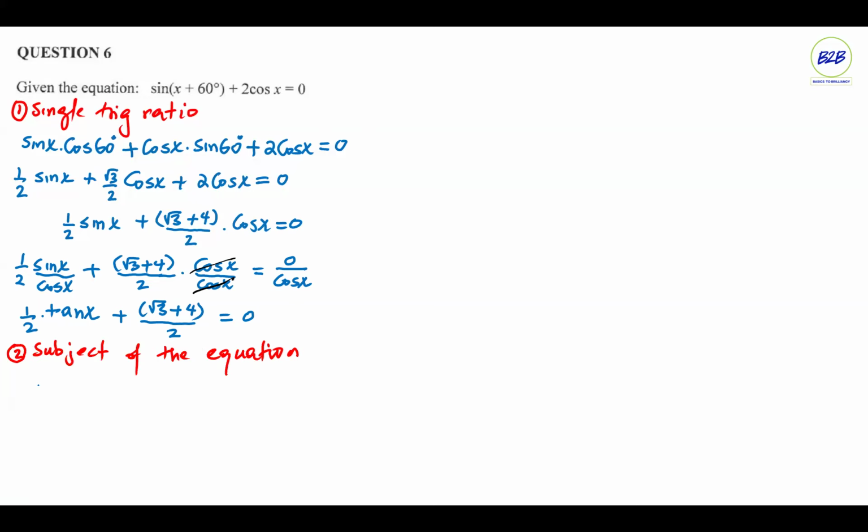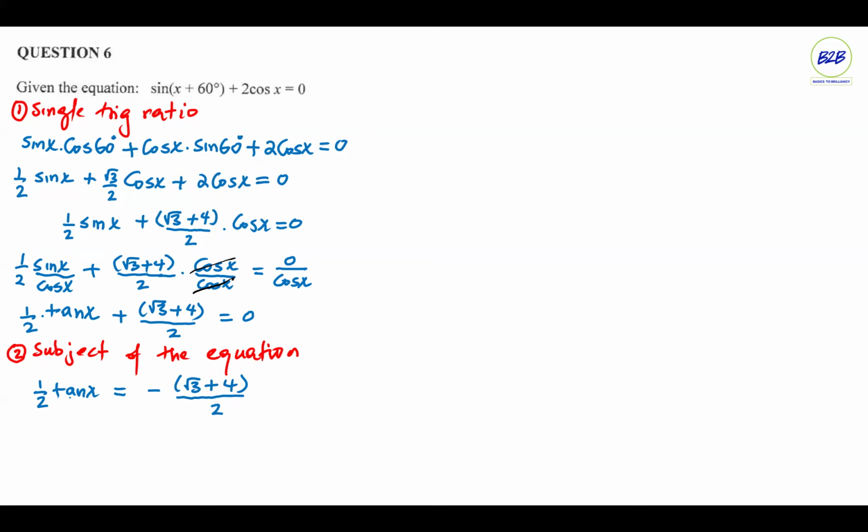Very simple. We will keep 1 over tan x on our left-hand side. Then we take the root 3 plus 4 over 2 to the right-hand side of the equation. And then it becomes negative there. And then we divide all of that by 2.